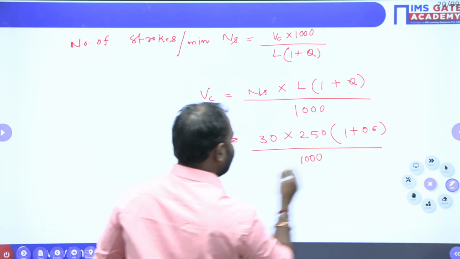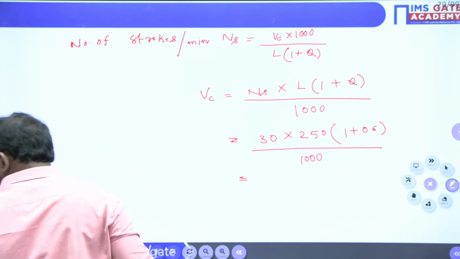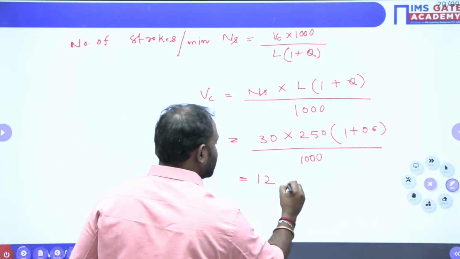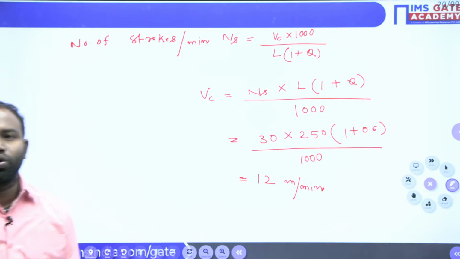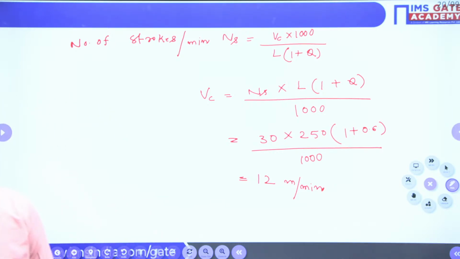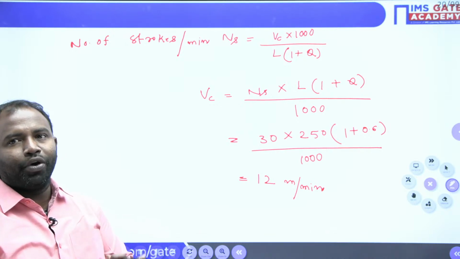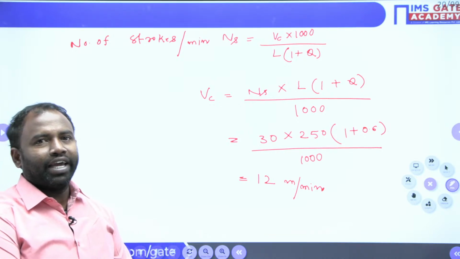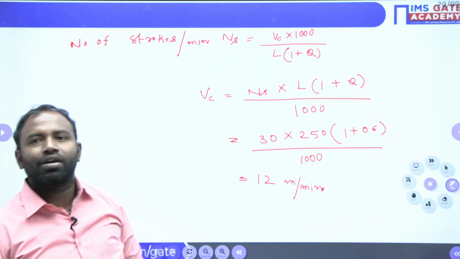From there, I'm going to get 12 meters per minute. So, from the number of strokes, you will be able to calculate cutting velocity in the shaper. Clear, everybody? Hope you understand the solution. Right, guys?